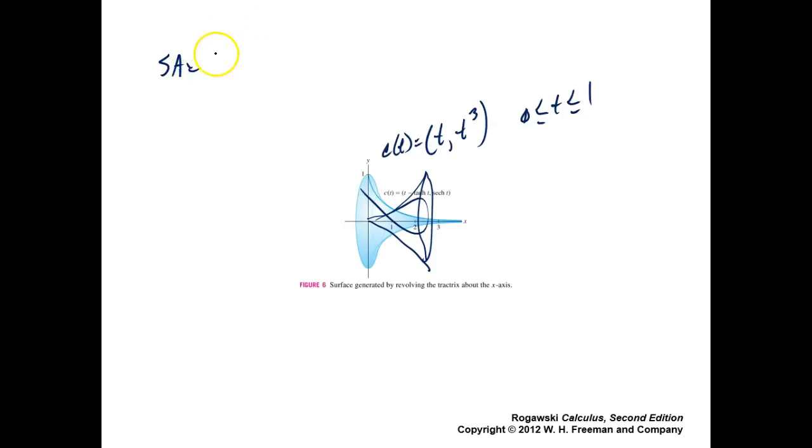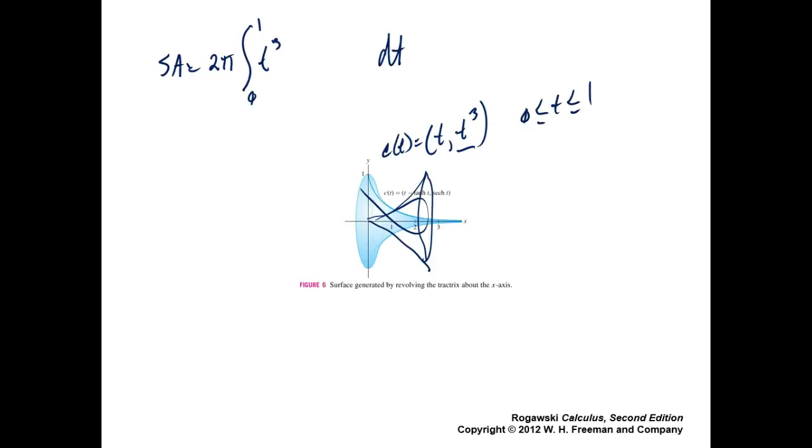Remember what the formula was? 2 pi times the integral from 0 to 1, because this is a dt we're going to have here. Your y, which was your t cubed here, because 2 pi y, that's going to be this. You're rotating this around the x-axis, so you're rotating this y around. The y is your t cubed. Rotating that around there, that's 2 pi y.